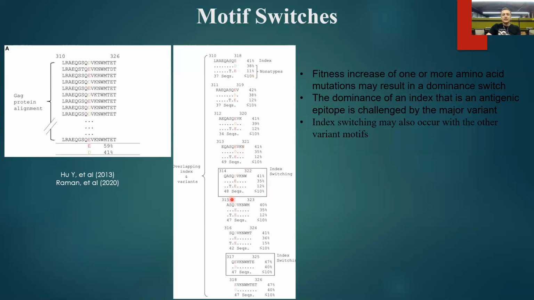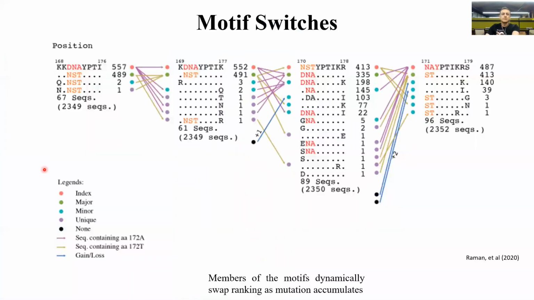Inspecting this in here, we see that the one with the D now has the highest frequency, which was previously the second highest and identified as major. But right now, it has the highest frequency and it is identified as index. And then in here at the position 317 to 325, a reverse switch happens, restoring the original order.